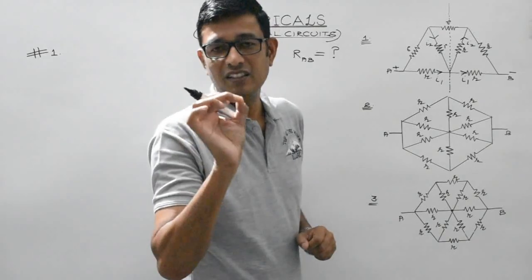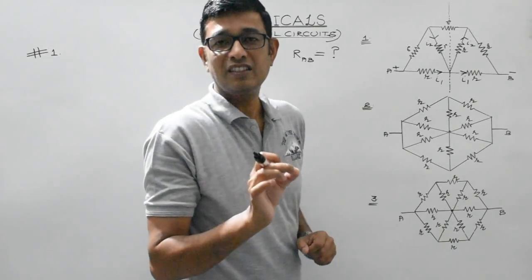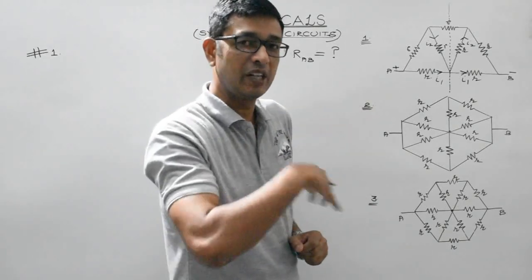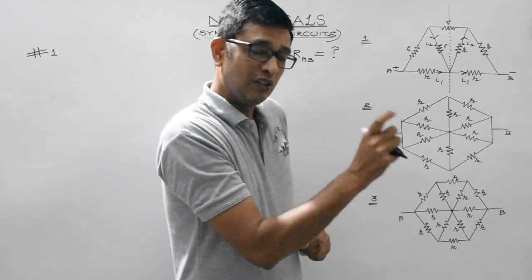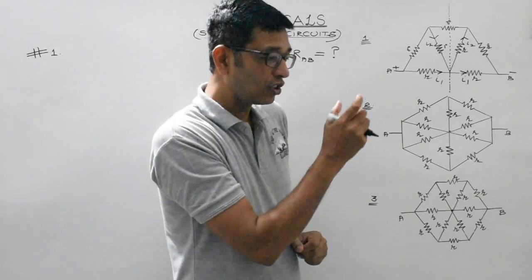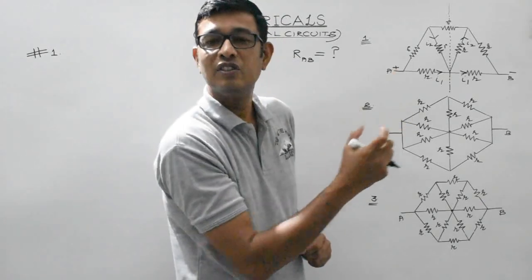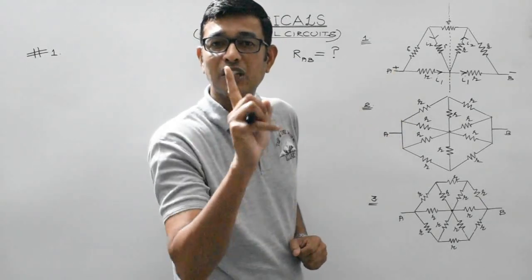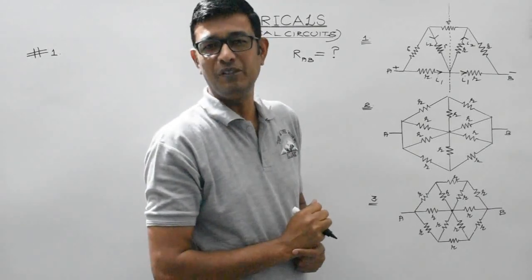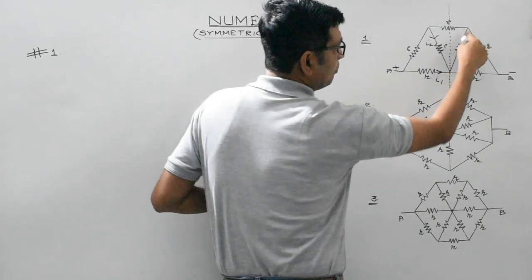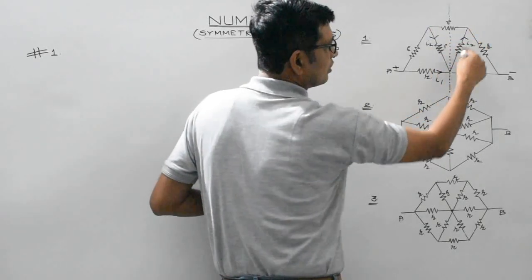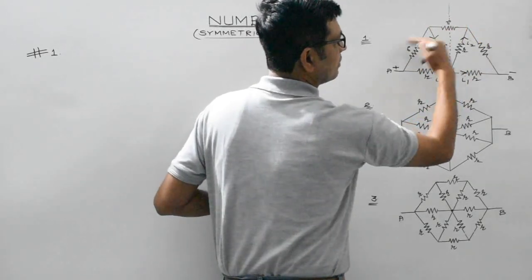In the symmetrical circuits, that is, one part of the circuit must be the mirror image of the other part. In such circuits, the current flowing across the symmetrical portions of the symmetrical circuit must be same. That's the key point.